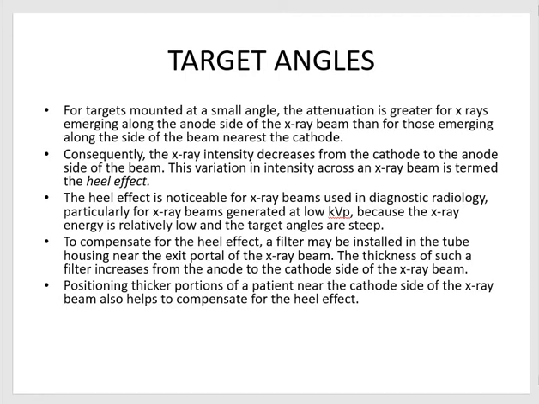In X-ray tubes, the heel effect or anode heel effect is a variation of intensity across the X-ray exit window. Due to the geometry of the anode, X-rays emitted towards the cathode side are in general more intense than those emitted towards the anode side of the X-ray tube.